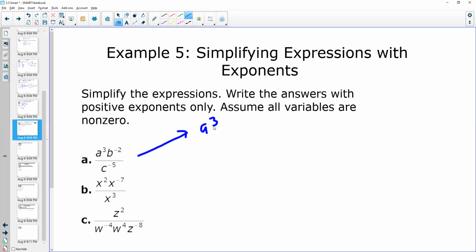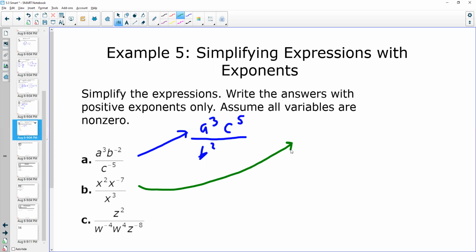B to the negative 2, this says flip, so b squared is going to go in the denominator. And then c to the negative 5 is already in the denominator and needs to move up to the numerator, so it becomes c to the 5th. Now it's done because all the exponents are positive.